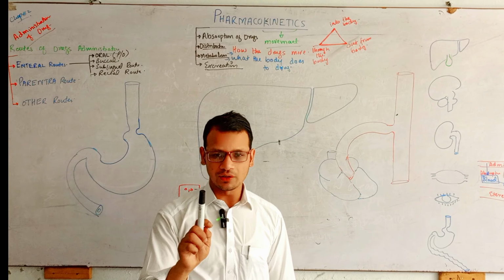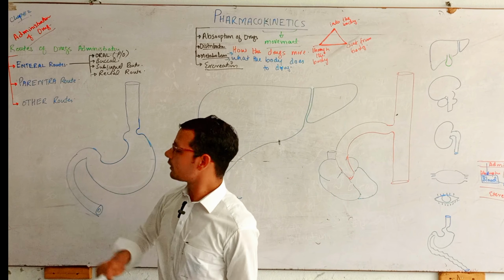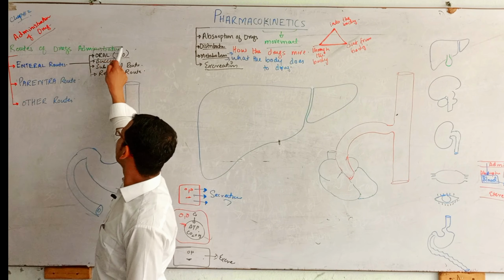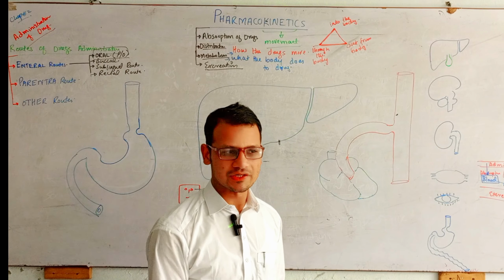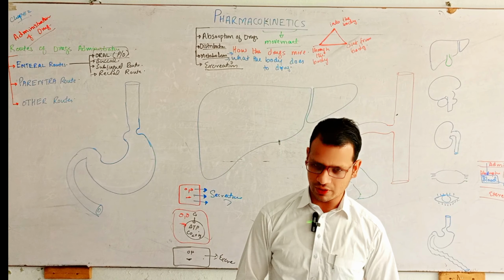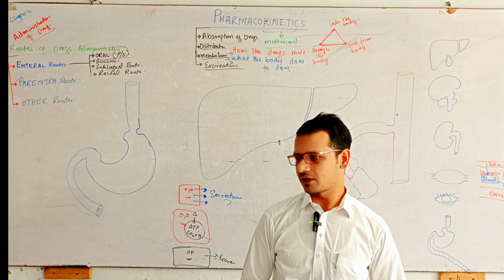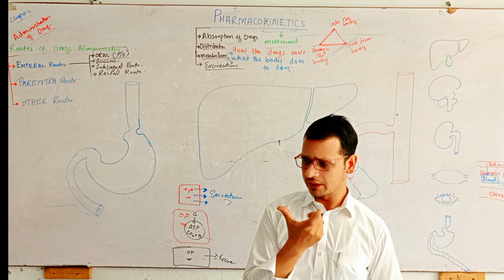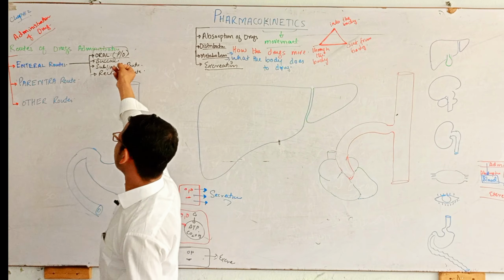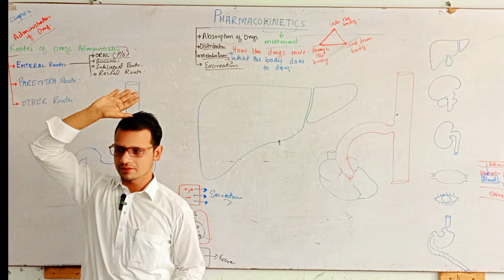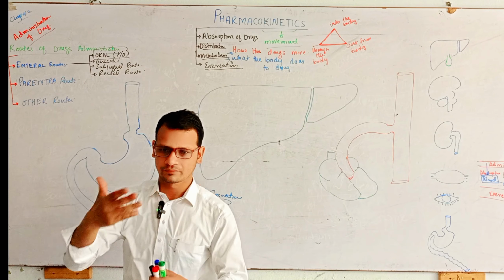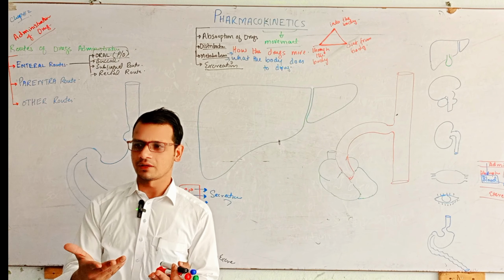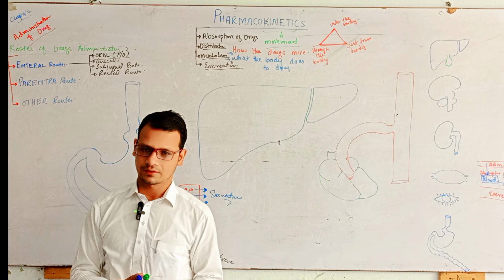The only route most acceptable to the patient is per oral, but some drugs are very sensitive to gastric acids or enzymes present in the mouth, right? So this is not suitable for all patients. If a patient is vomiting, you cannot give drugs orally, right?